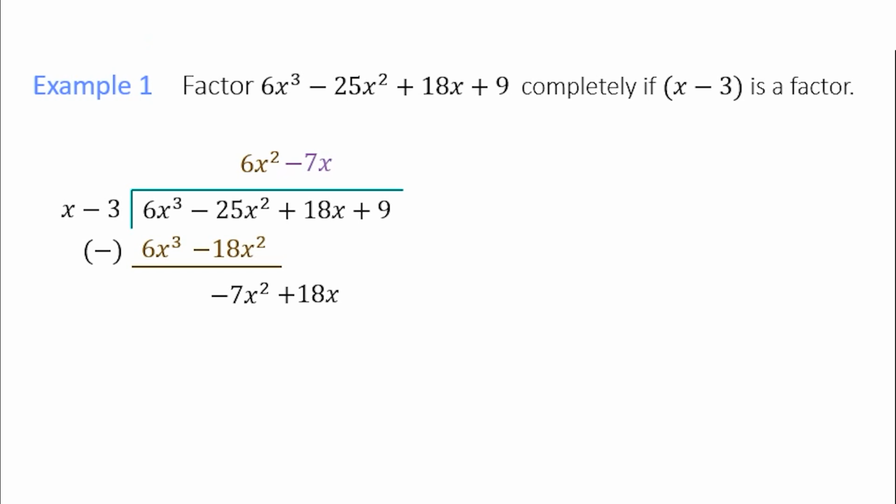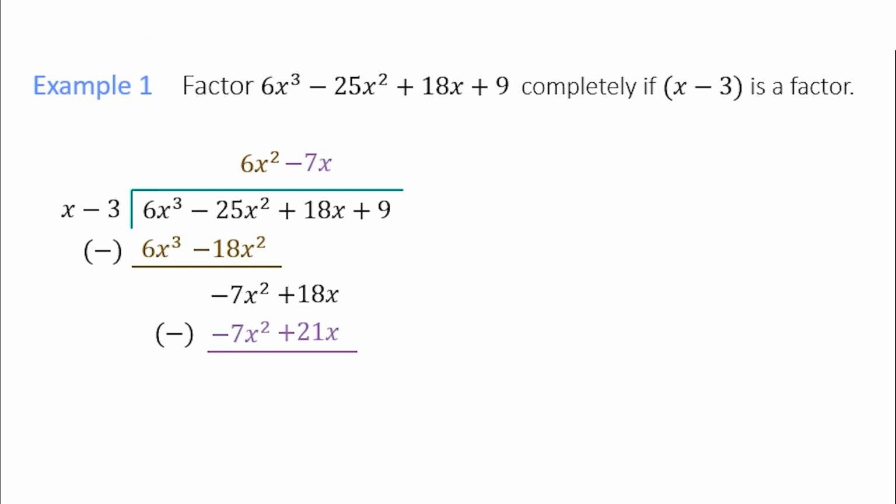Then as a next step, I do the multiplication again. So this time I do -7x times x, then -7x times -3. So first I get -7x squared, then +21x. Now I'm doing a subtraction again. So the x squareds will cancel each other out.